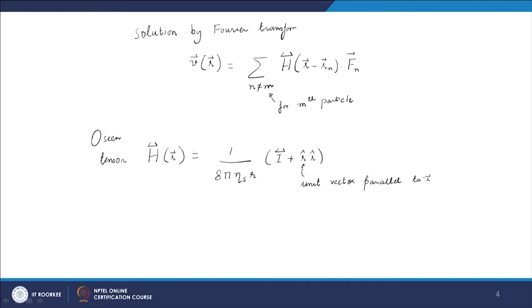Okay. Of course, this is equal to infinity at r equal to 0, because the denominator has an r in there.